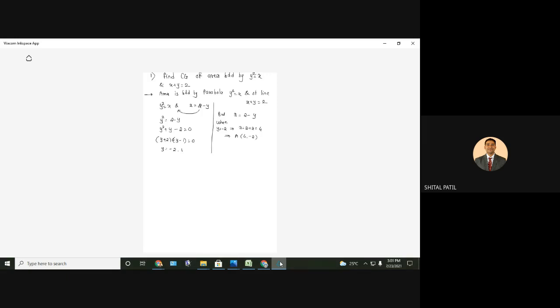So one point on the line is (4, minus 2). When y is 1, x is 1. Are you getting these 2 points?